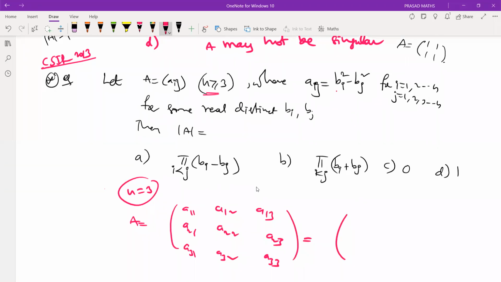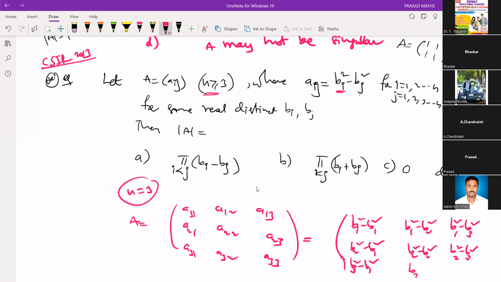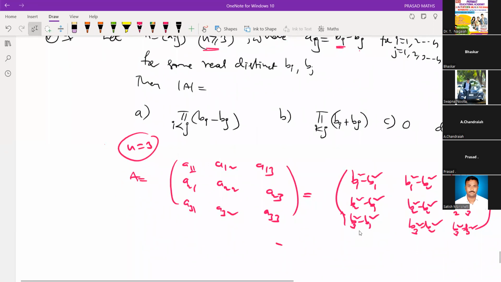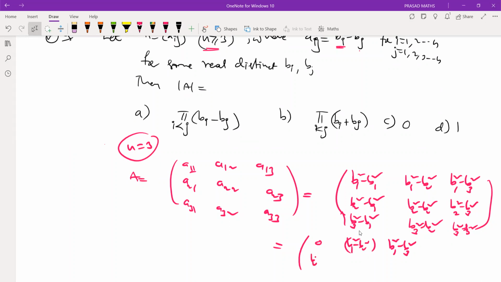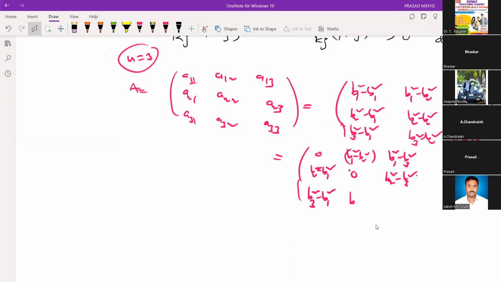What is the Aij entry? bi square minus bj square. The entries are: b1 square minus b1 square, b1 square minus b2 square, b1 square minus b3 square; b2 square minus b1 square, b2 square minus b2 square, b2 square minus b3 square; b3 square minus b1 square, b3 square minus b2 square, b3 square minus b3 square. What is this? It is 0. Then b1 square minus b2 square, b1 square minus b3 square, b2 square minus b1 square, 0, b2 square minus b3 square, b3 square minus b1 square, b3 square minus b2 square, and 0.